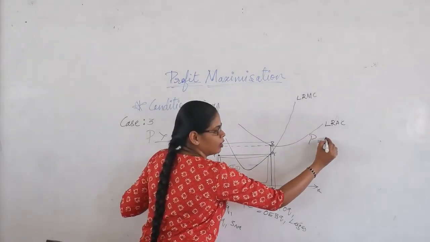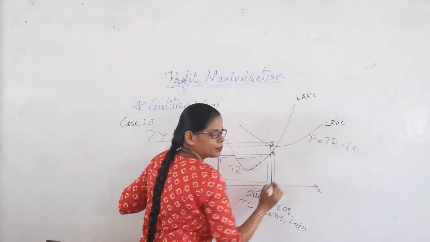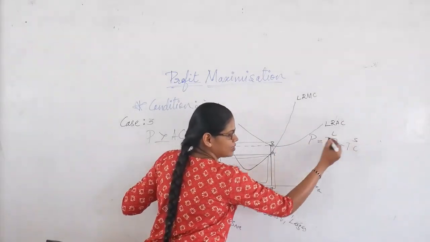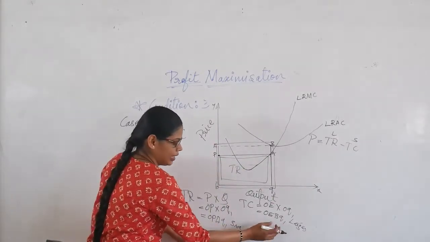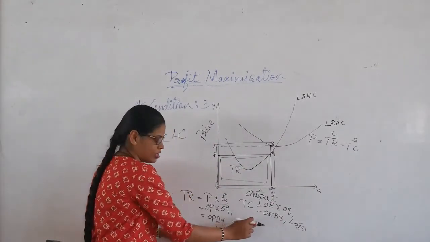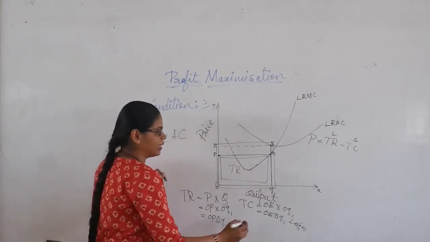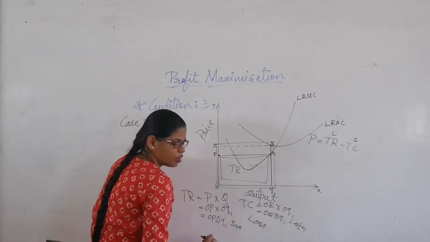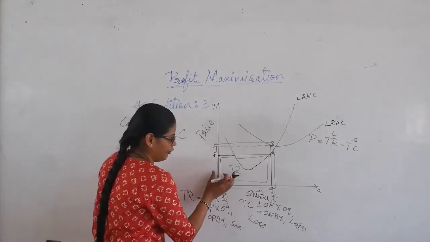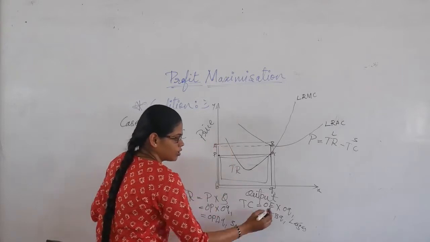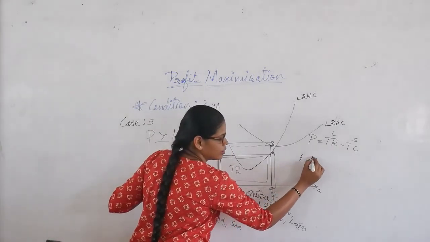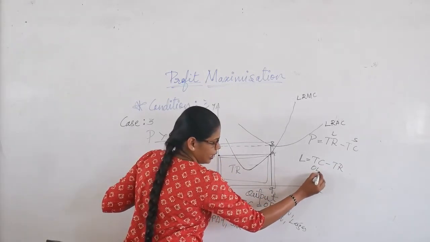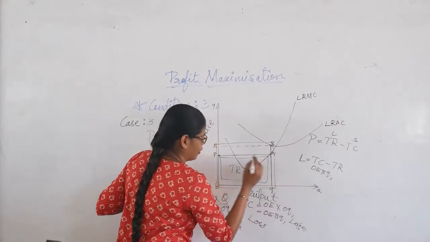The profit equation is TR minus TC. If the company is making profit, then TR should be larger and TC should be smaller. But here you can see that the total cost is larger than the total revenue, so automatically we are going into losses. The loss equation is total cost minus total revenue.